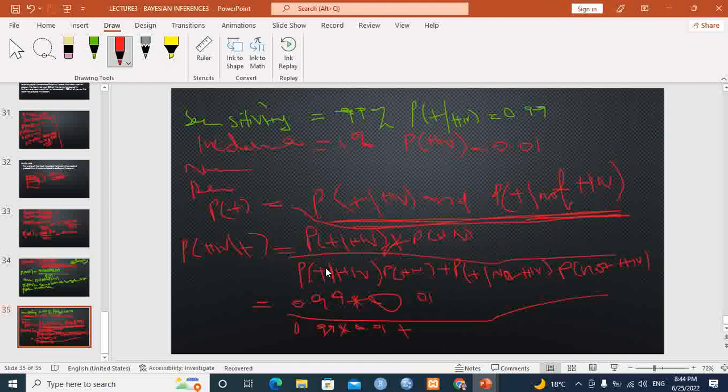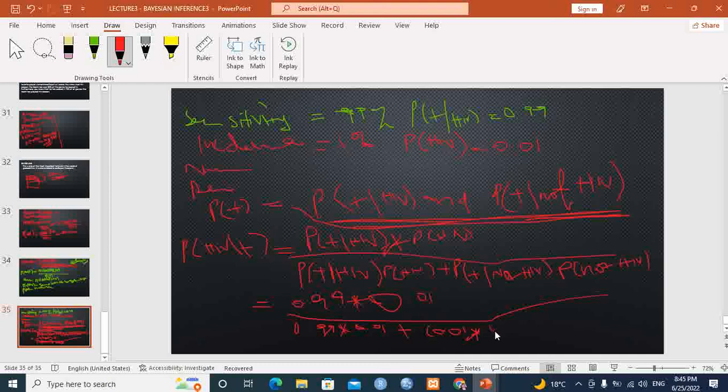the error part. Since this one is 0.99, here we are going to have 0.01, because we say 1 minus 0.99, times the probability of not HIV. So the probability of not HIV is subtracted from the incidence rate, so it will be 100 minus 1%, which is 99%.